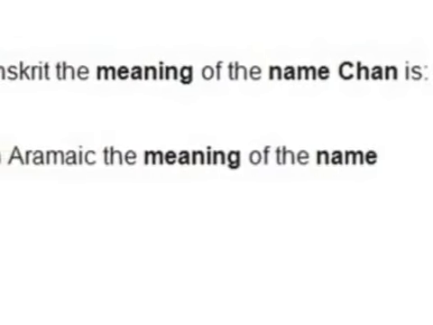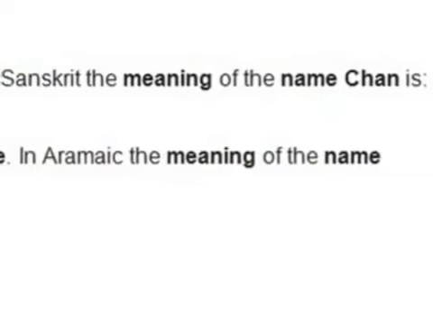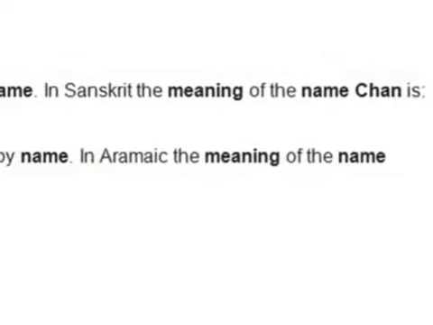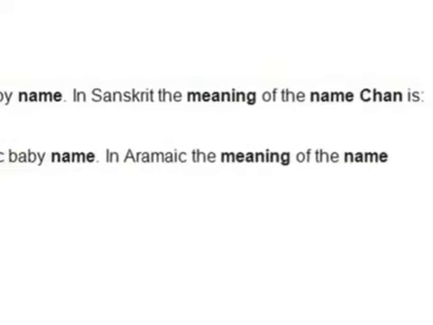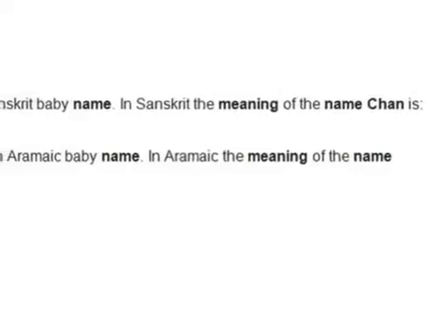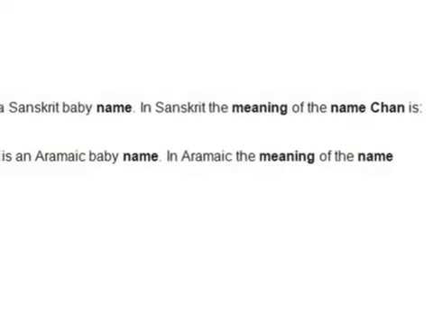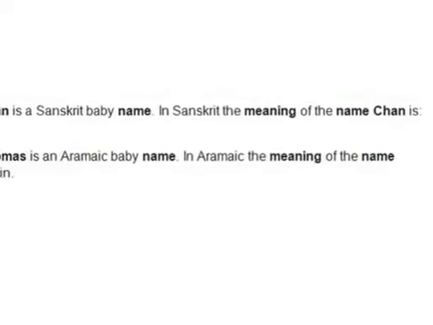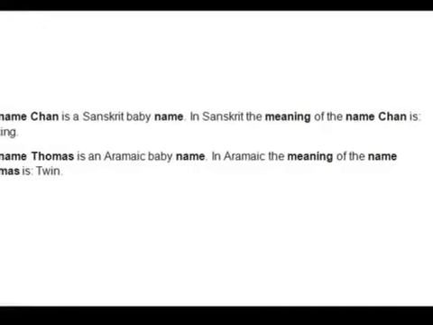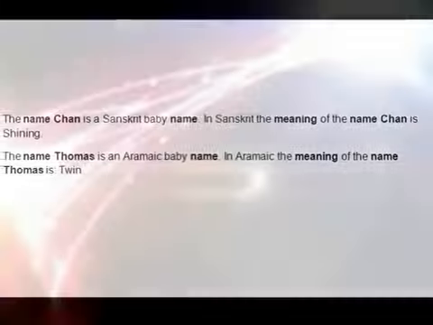Three, and much more importantly, is the meaning of this guy's name. Chan is the Sanskrit word for shining, and Thomas is the Aramaic name for twin. Shining twin. Why would that be important in a document that talks about cataclysm caused by pole shift? Let's take a look at that.